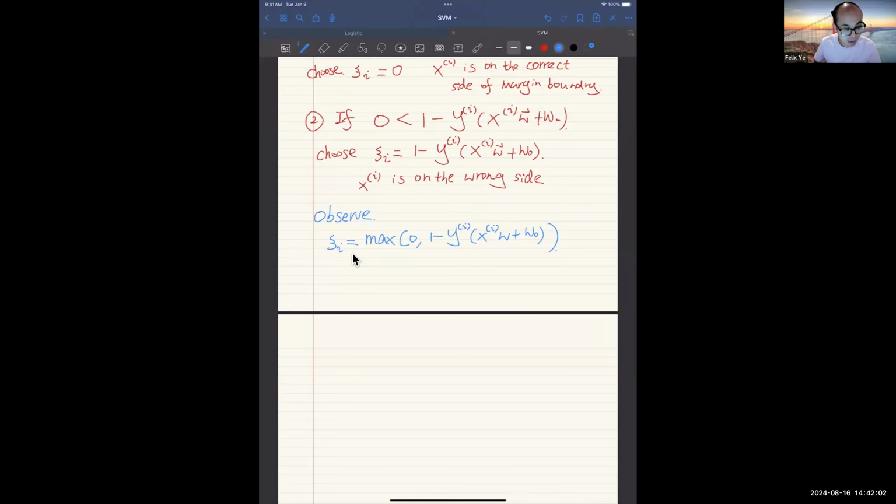So that means we can actually drop the constraint, just replacing this c of i with this expression.